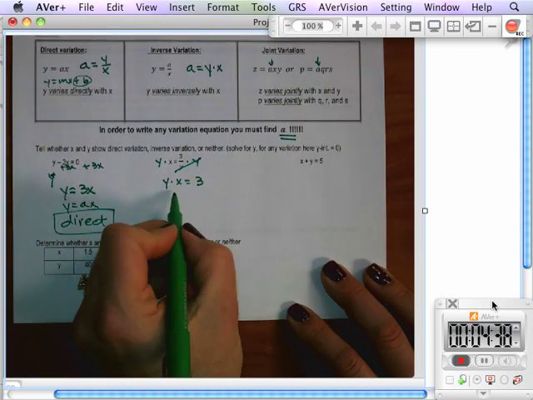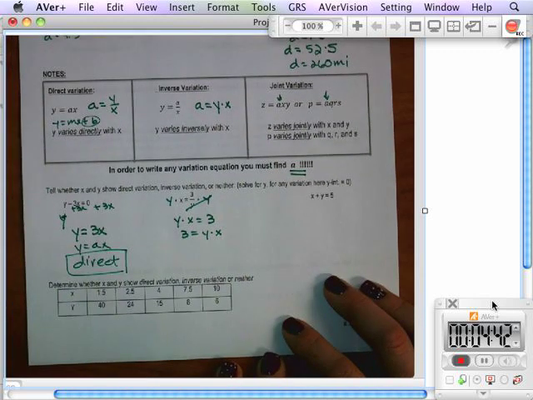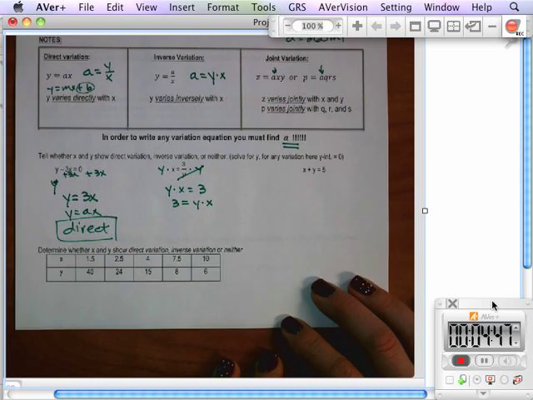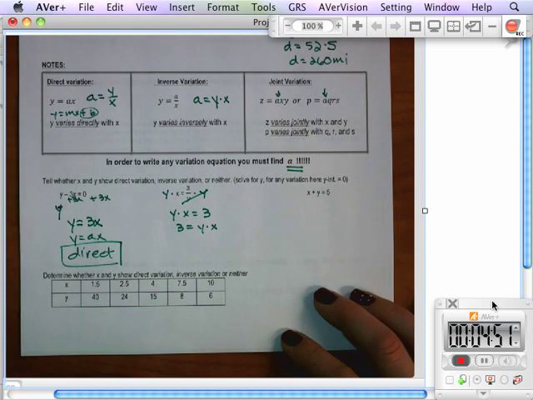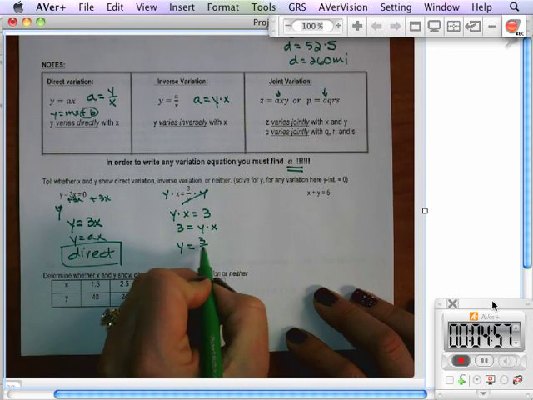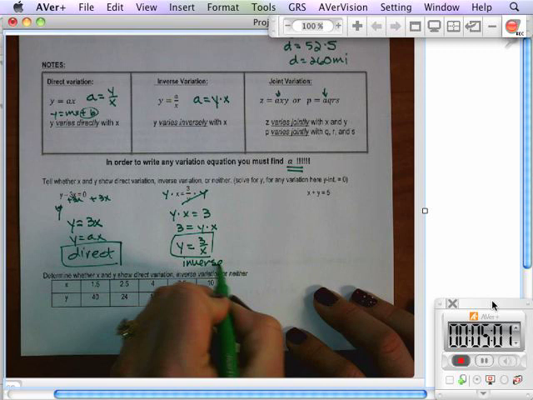Or you could write it up like this. a equals y times x. What form is that? It's inverse. Okay? Inverse variation. So either it's in this form or this form. It doesn't matter. You could rewrite it so it looks exactly like that form. And that's inverse variation.